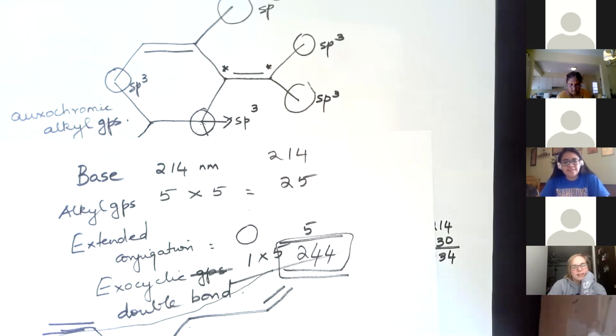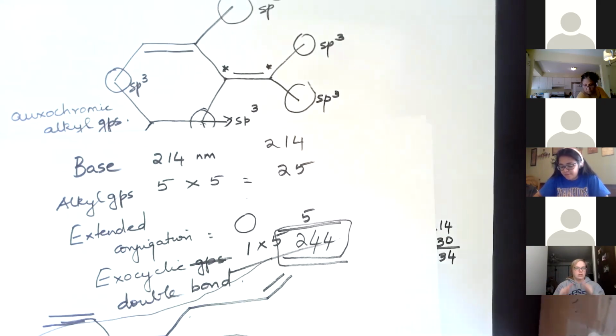I'll let Deanna repeat that. Yeah, so you're going to add 39 if you have a homoannular ring, but a heteroannular ring doesn't add anything because they're in 2 different rings. So it doesn't cause as much of an effect as 2 double bonds that are in the same ring.